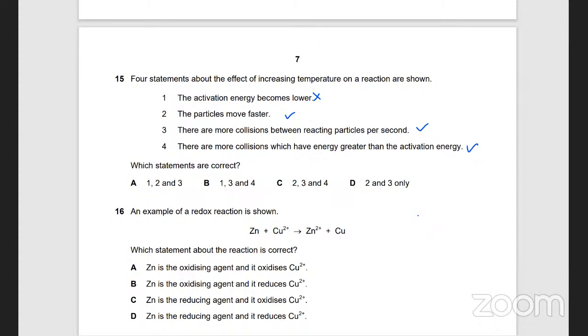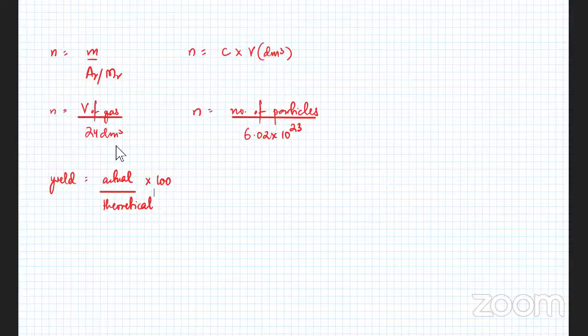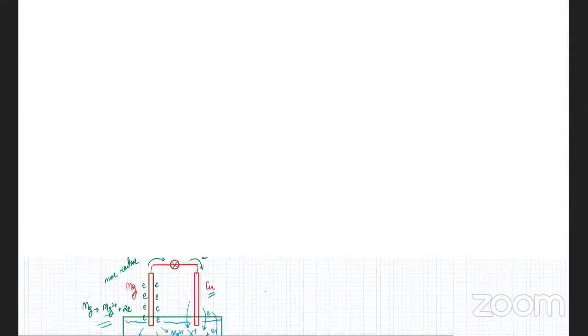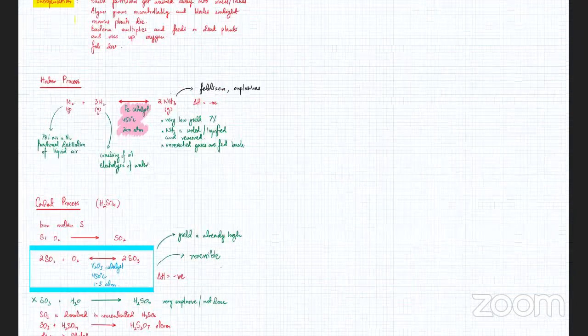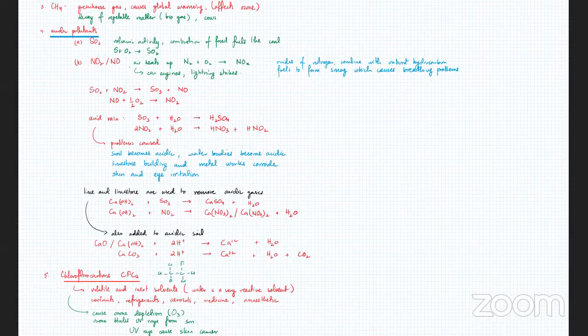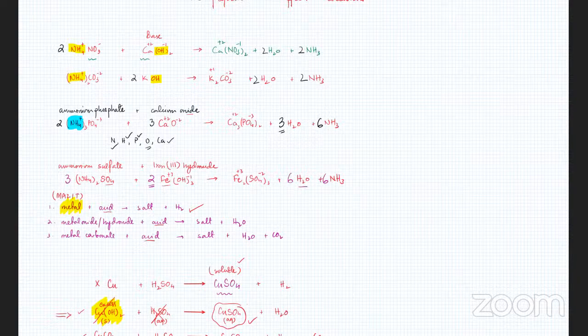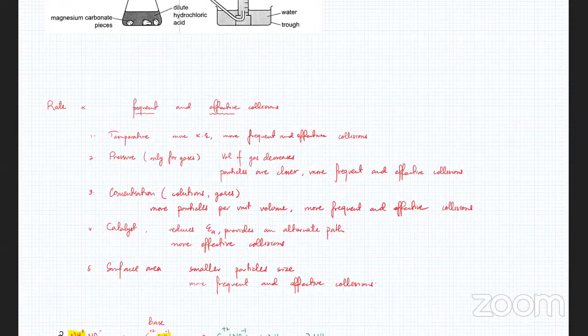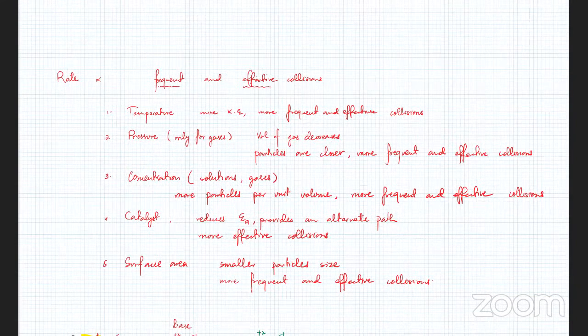You've got collisions happening, right? When you talk about rate, you have two things happening: the frequency of collisions, which is how many times they're bumping into each other, and the effectiveness of the collisions, which is how effectively they collide.